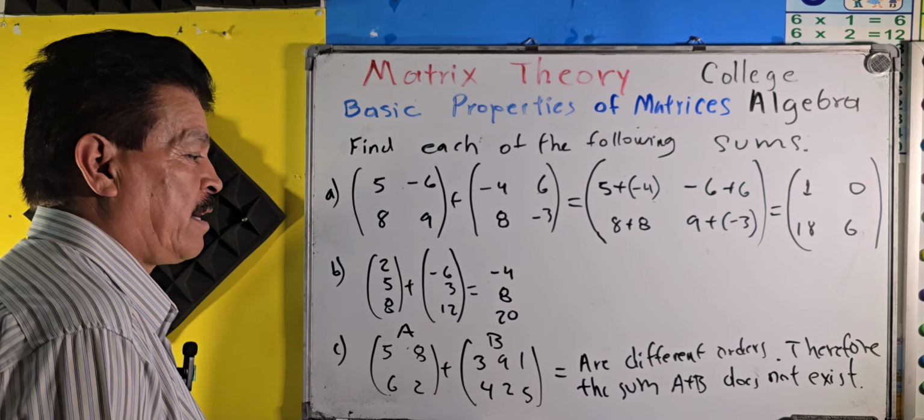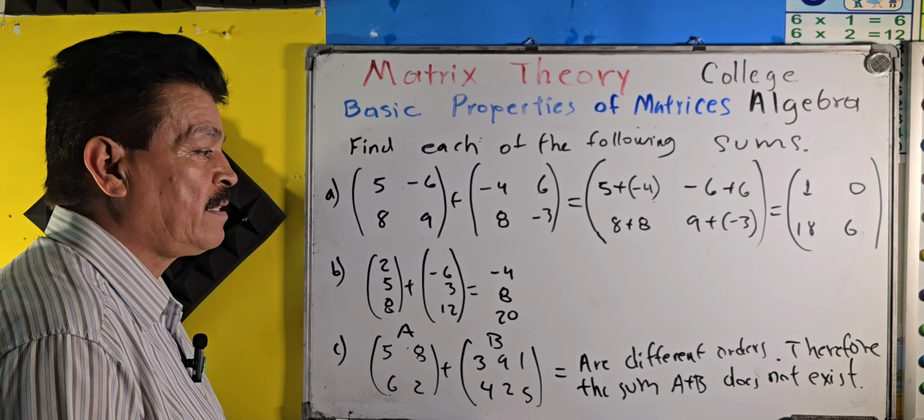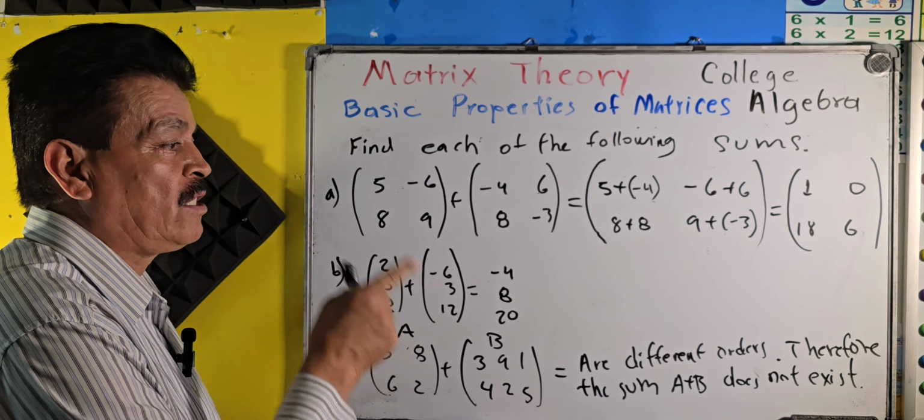These matrices are not the same order, so they are different orders. Therefore, the sum of these matrices, let's call them A and B, A plus B, does not exist. Remember the concept that I explained at the beginning of my class: they must be the same order. In this example, these matrices are not the same order, so there is no sum.